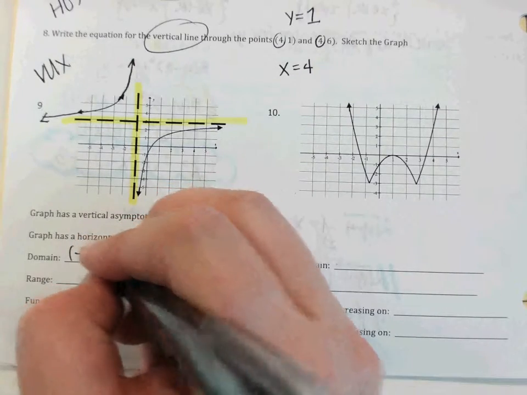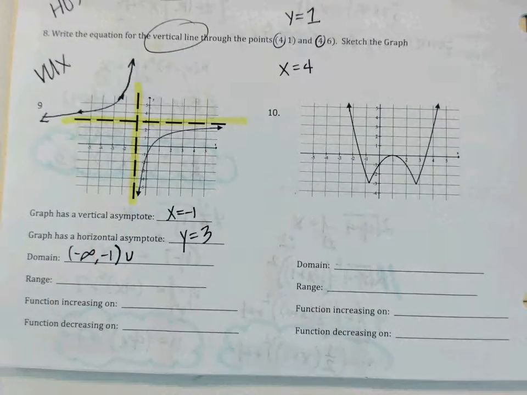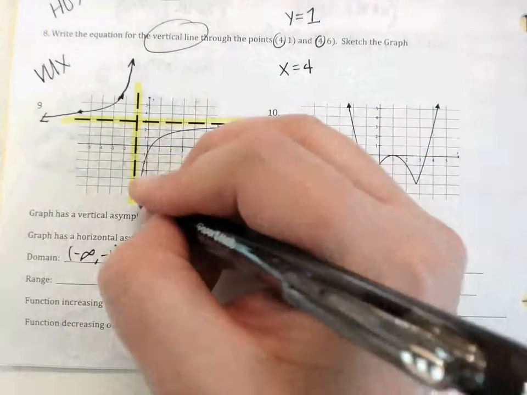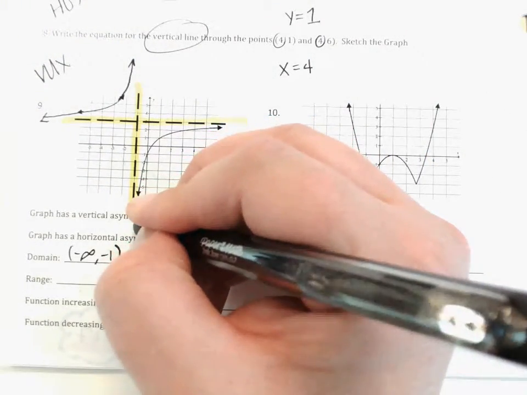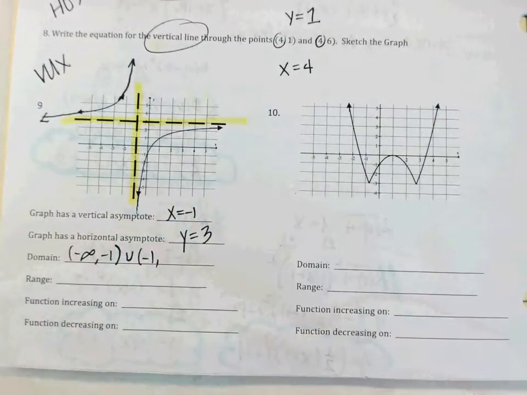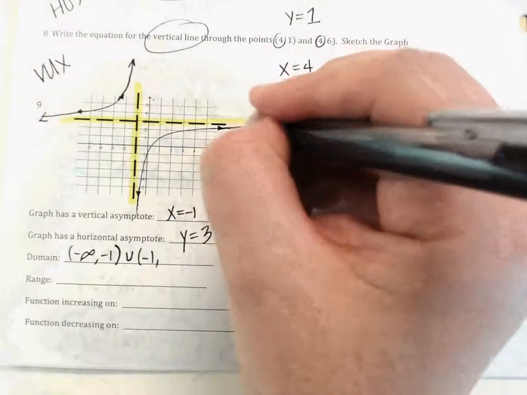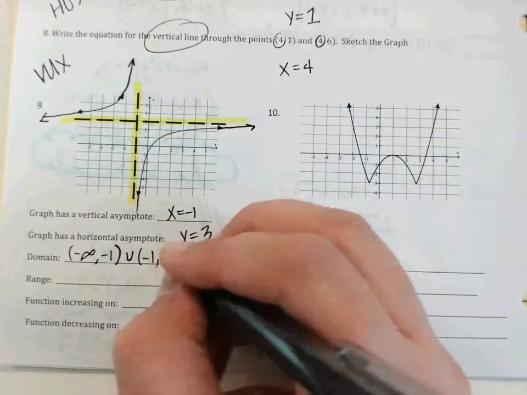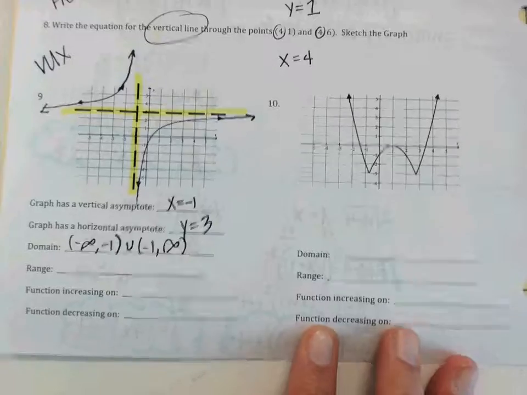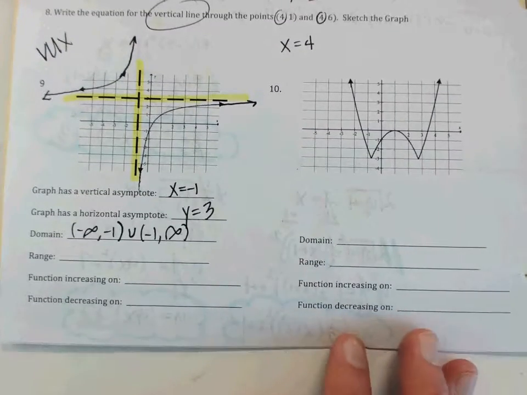Open, because why? It never gets there, right? If it's an asymptote, I never actually touch that value. Okay, then I look at my other chunk. He gets really, really close to negative 1, but he never gets there. So open again. And then how far does he go to the right? Infinity. But remember, we are breaking it in parts because of the asymptote.